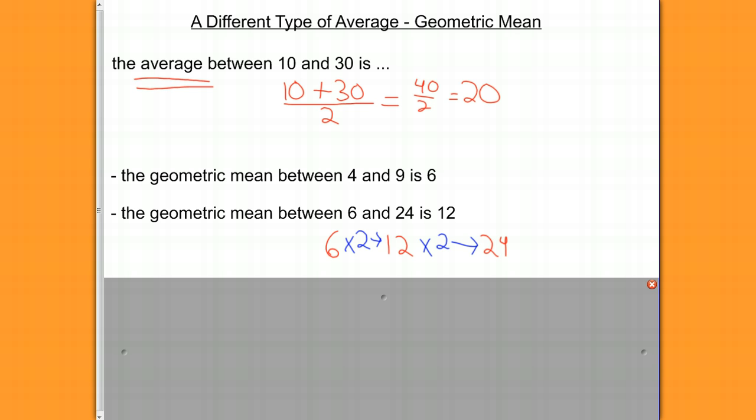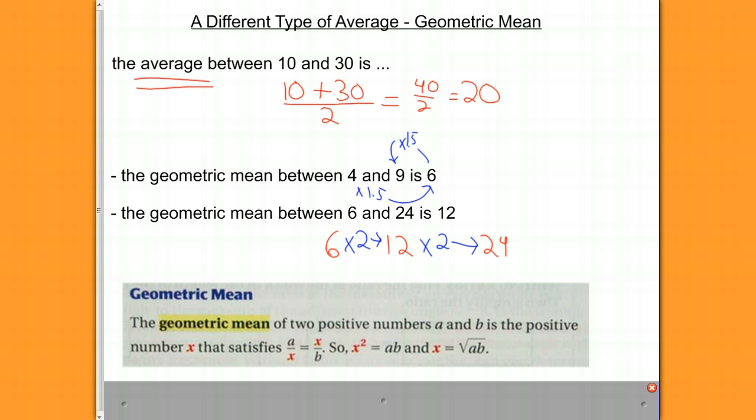That's the difference here. 4 times 1.5 gives us the 6. 6 times 1.5 gives us the 9. So 6 is the geometric mean between 4 and 9 because there is that common multiplier taking us from the first number to the geometric mean to that last number.